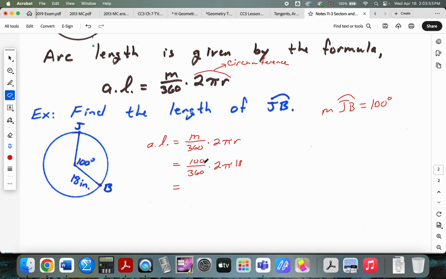Let's see, if I divide both those by 10, that would be 10 over 36 times 2 times 18, which is 36. Oh, that's going to come out really nicely, because 36 goes into 36 once. So this is 10 pi inches.